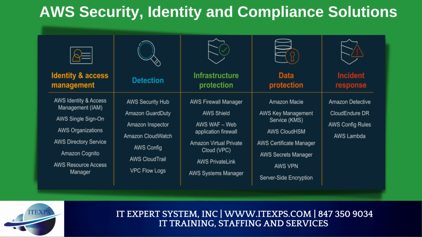Infrastructure protection. Network and application protection services on AWS enable you to enforce fine-grained security policy at every network control point across your organization. As you build your network using networking services on AWS, you have flexible options for where and how you build your network architecture.